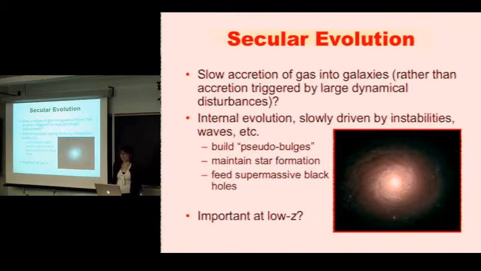And there's also internal evolution inside galaxies. As galaxies are living, they slowly develop these instabilities like spiral waves or bar instabilities. These can do things like build pseudobulges in galaxies or maintain star formation or maybe even continue to feed a supermassive black hole. So these are processes that may also be important at low redshift where you don't have as many things like major mergers going on.